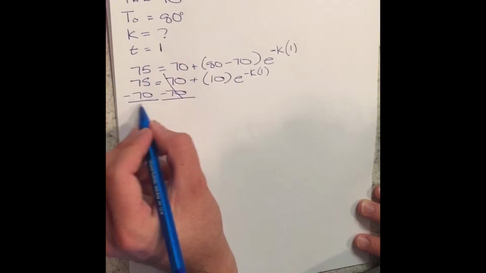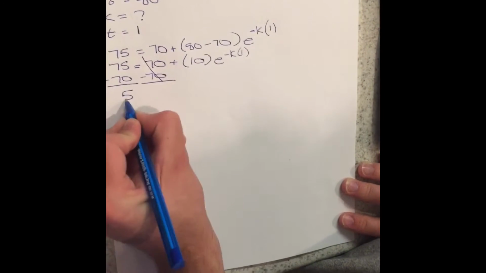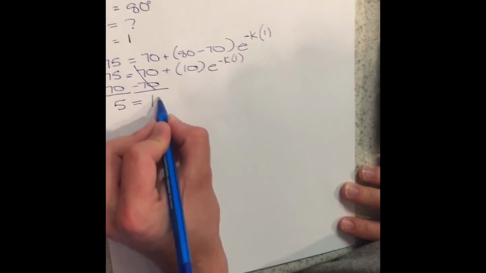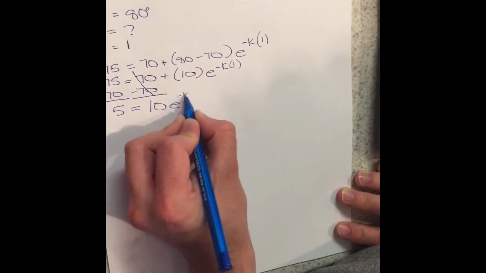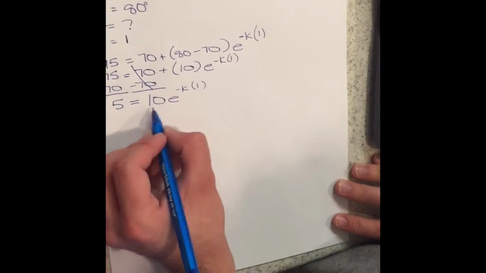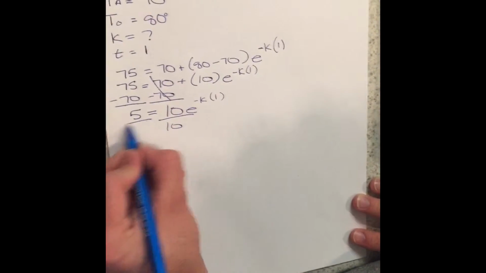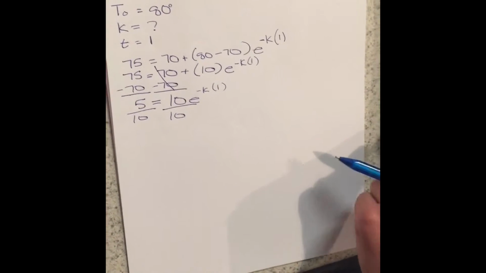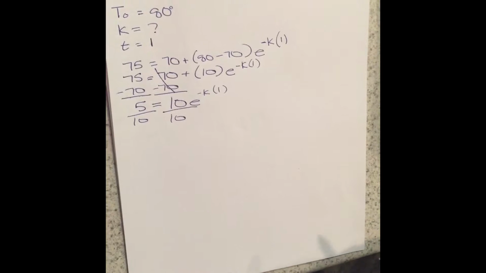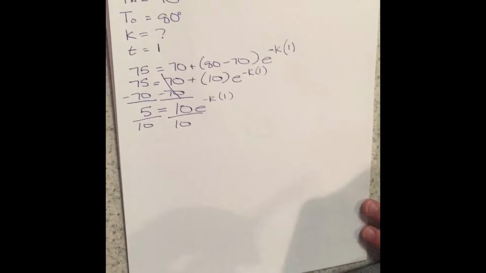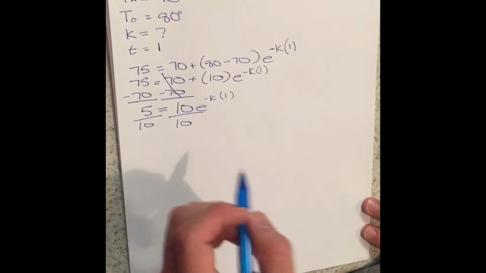Those cancel. 75 minus 70, you get 5. You bring all your other variables down. So 10e to the negative k, 1. Now you're going to divide by 10. Get your little calculator going. You get 0.5, or you can keep it in fraction form. Might be easier to keep it in fraction form, so we'll do 1/2.